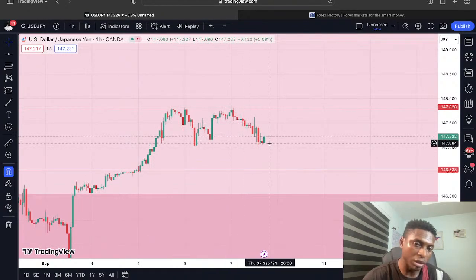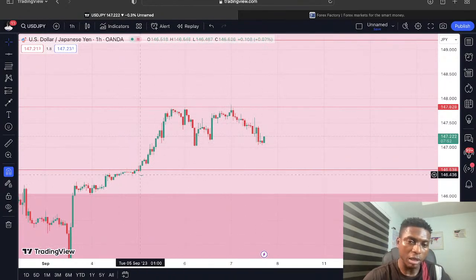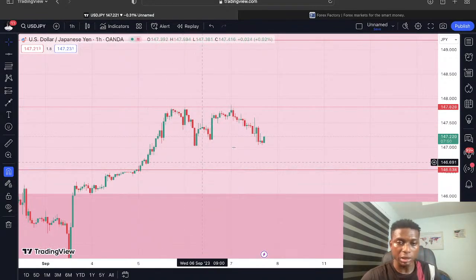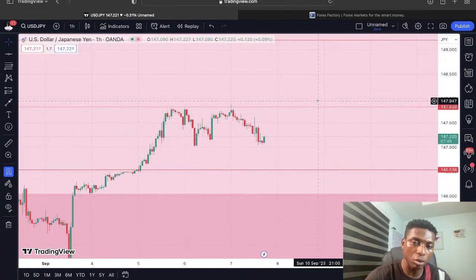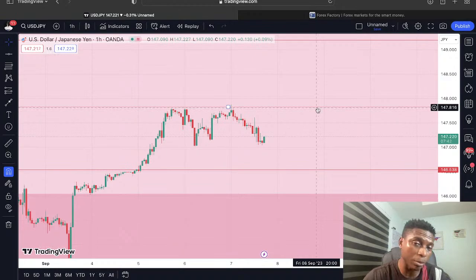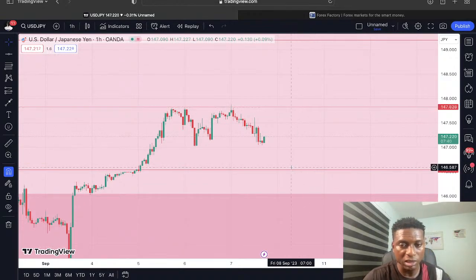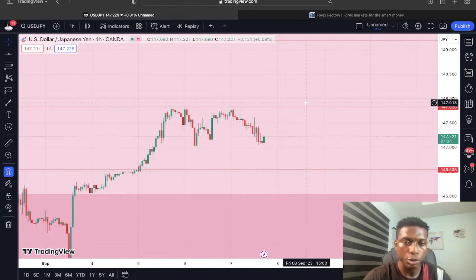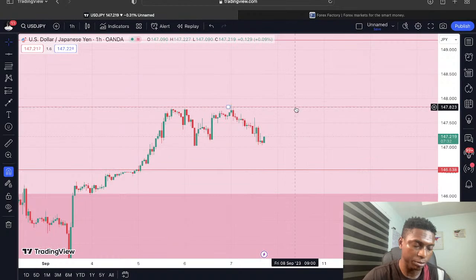Seeing the Euro USD, it's in a bullish direction. And for intraday traders, like I said, you can always set your buy stop above, and you can always set your buy limit below, should price fall further to this level, or should price rise to this level.